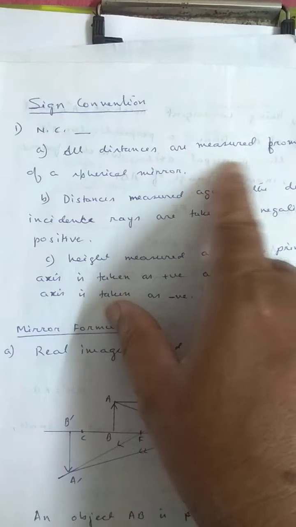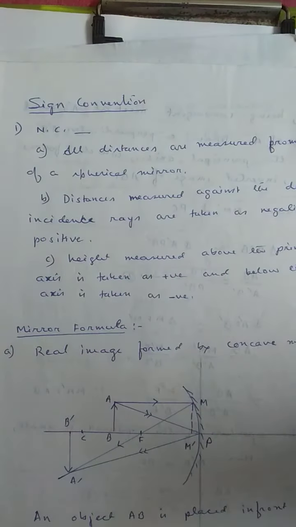Here all distances are measured from the pole of the spherical mirror. Distance measured against the direction of incident ray is taken as negative, otherwise positive. That means if we measure the distance against the direction of incident ray, those distances are taken as negative, or if we measure the distance from the pole along the direction of incident ray, they are taken as positive.